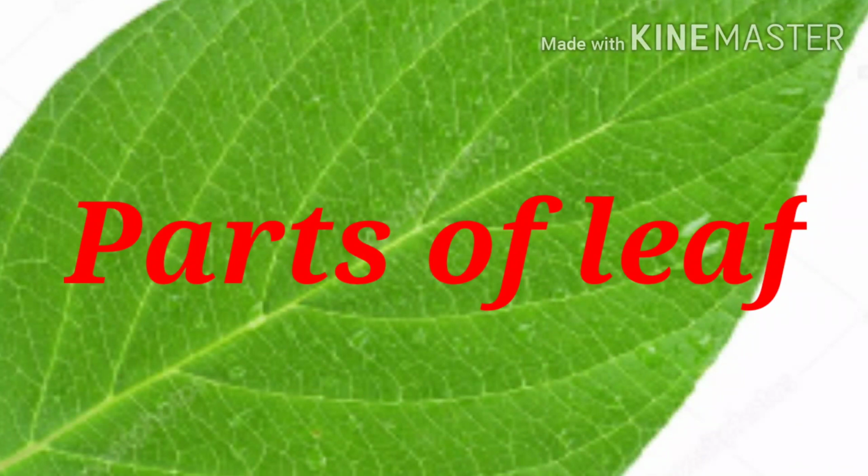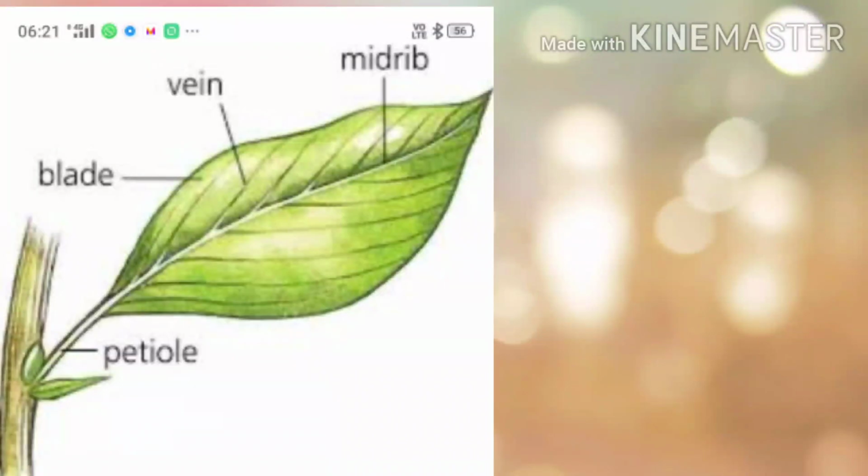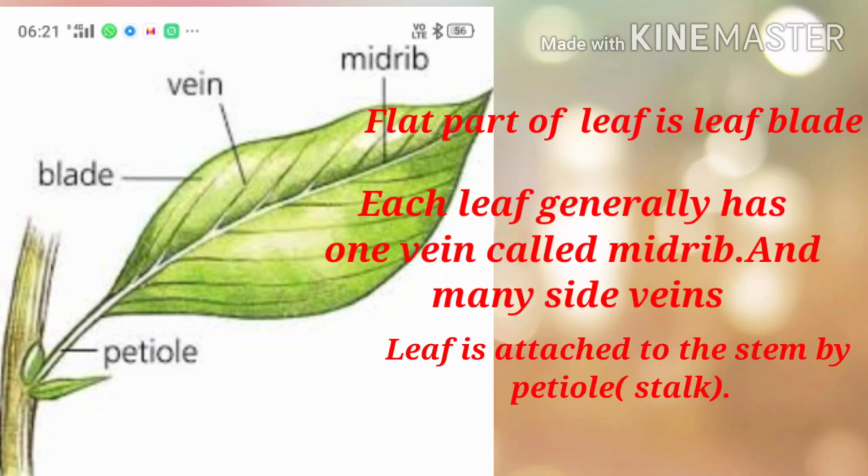So students, as I told you, there are 4 parts of a leaf according to your book. Let's see one by one. So the flat part of the leaf is the leaf blade.